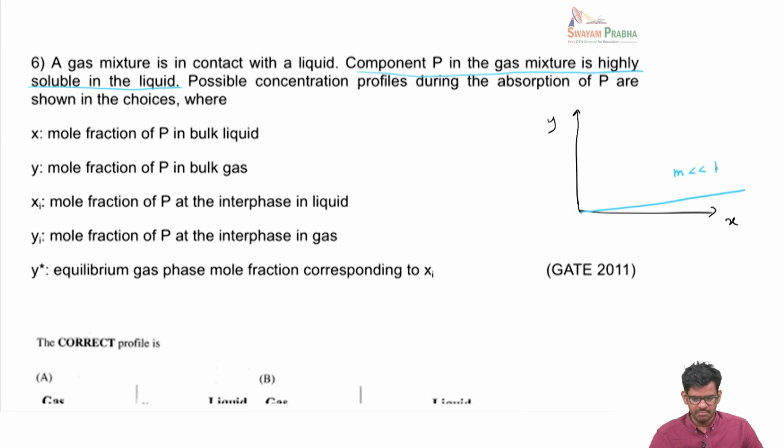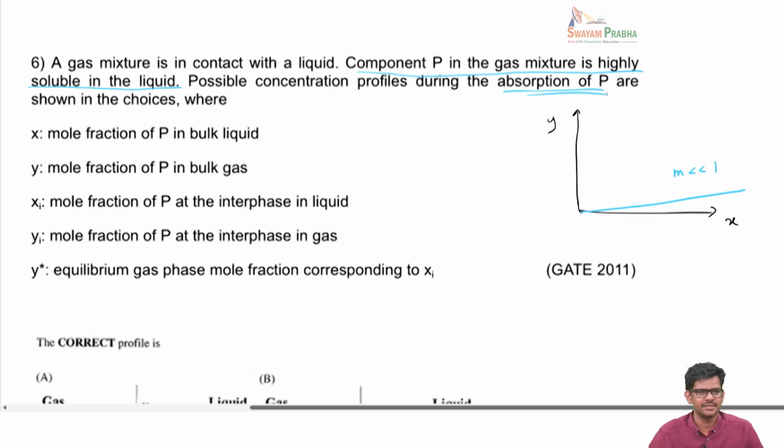So what are they asking? Possible concentration profiles during the absorption of P are shown in the choices. Again, they are also talking about absorption. This is also important information, because we know that for absorption, the bulk concentration is going to be above the line, and we are going to reach the interface concentration somewhere here.